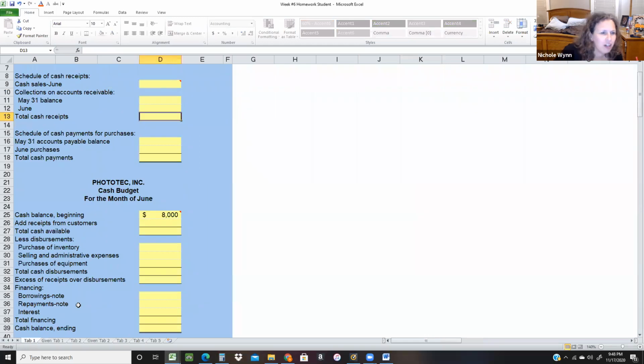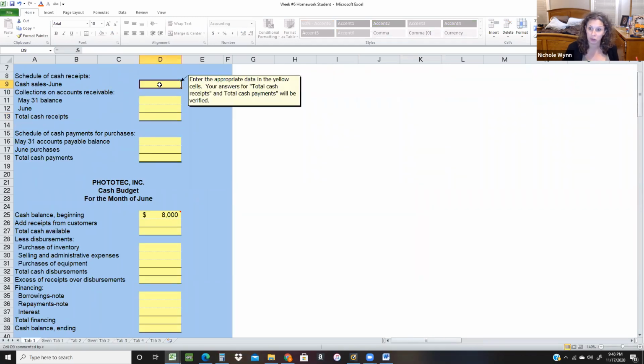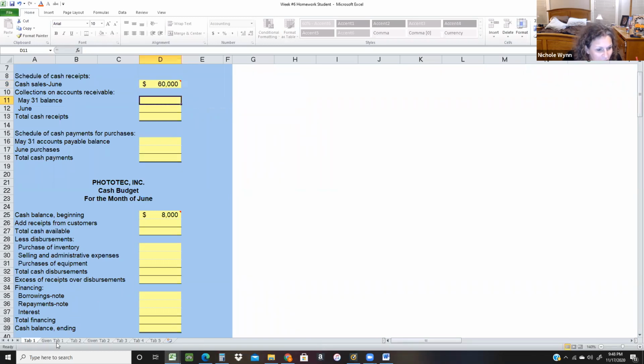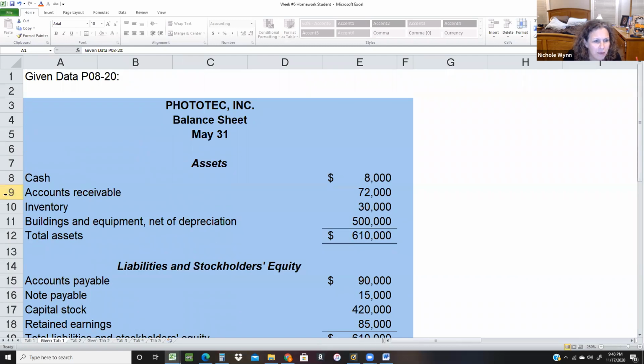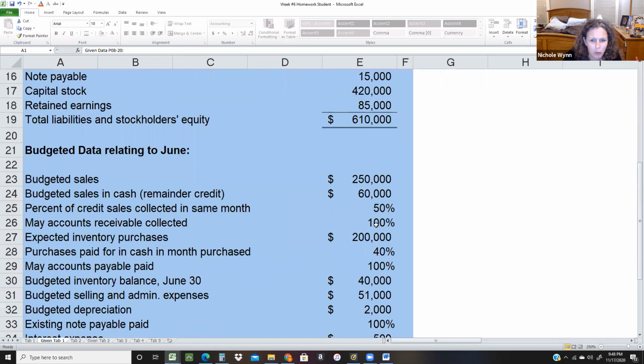So over here, our cash sales for June were $60,000. Our May 31 balance, we are going to collect all of it. Accounts receivable on May 31 is 72, and it says that 100% of that is collected.